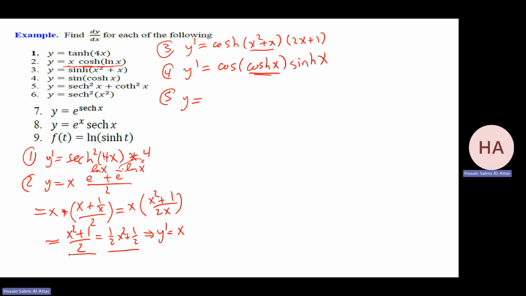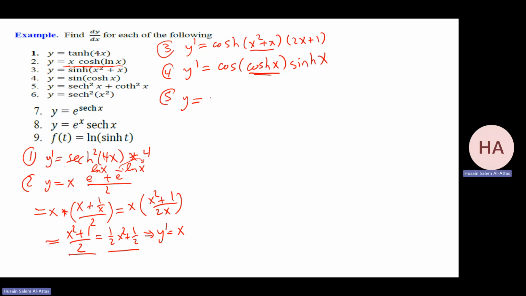5. Y will be what here? I have secant hyperbolic of x plus cotangent hyperbolic of x. Let me do the calculations. Be sure that I'm not missing anything. Just a matter of differentiation.